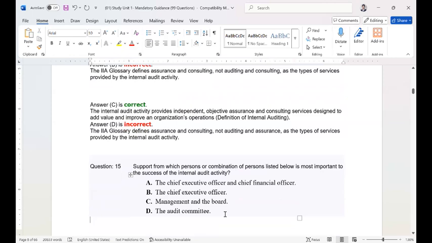15, just see whether you can answer 15. The answer there.